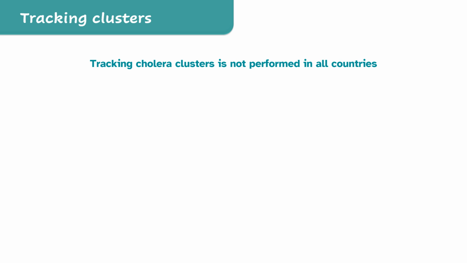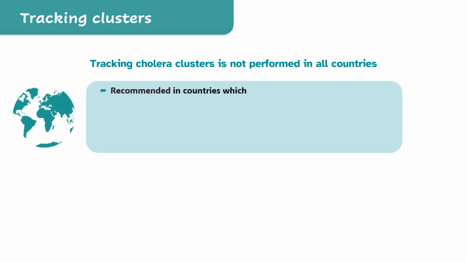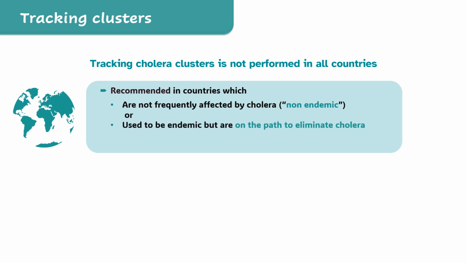Not all countries aim to track clusters of cholera cases. This is usually recommended in countries which are not frequently affected by cholera. Those are non-endemic countries. Tracking clusters is also recommended in countries which used to be endemic for cholera, but which are now on the path to eliminate the disease as a threat to public health.